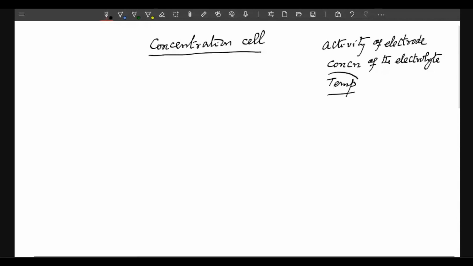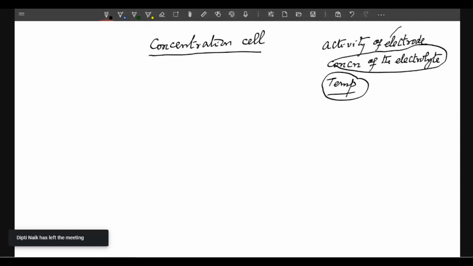And the concentration of the electrolyte is also made the same. We will change the electrode activity difference. How would you change the electrode activity difference? By taking the same electrode, but having a different activity. How is it possible? I will tell you.